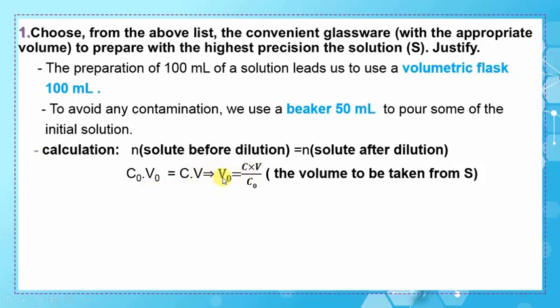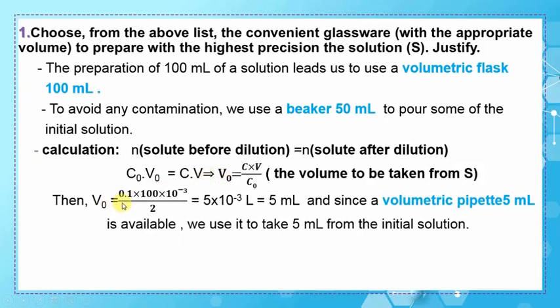V0 is the volume that must be taken from S0. Okay, V0 equals 0.1 times 100 times 10 to the minus 3 over 2, equals 5 times 10 to the minus 3 liter, equals 5 milliliters. And since a volumetric pipette of 5 milliliters is available, we use it to take 5 milliliters from the initial solution. So the materials are a volumetric flask of 100 milliliters, a beaker of 50 milliliters, and a volumetric pipette of 5 milliliters.